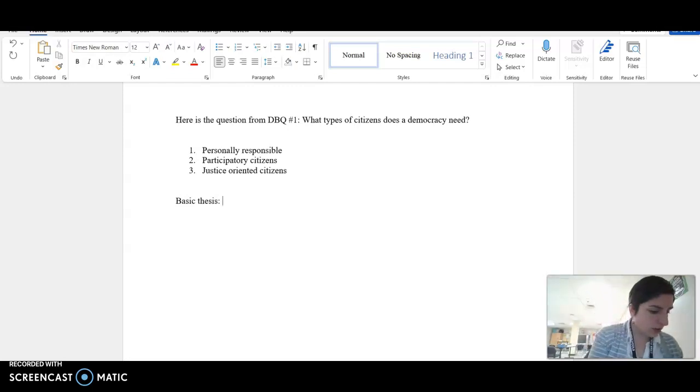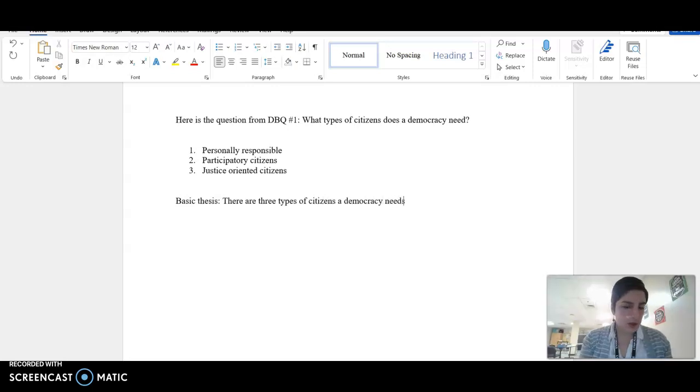So you should start with the question first. What we know is there's going to be 3 types of citizens that a democracy needs. So that's going to be the beginning of it. There are 3 types of citizens a democracy needs. And then what you're going to do is list them. You're going to say personally responsible, participatory, and justice-oriented.